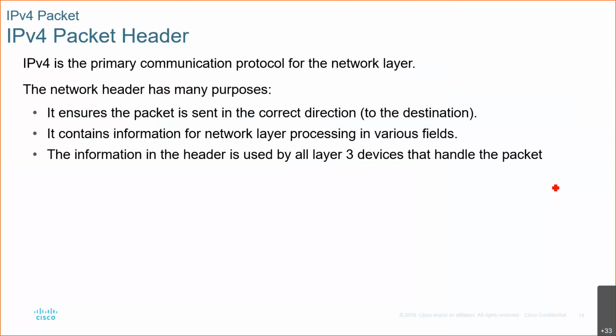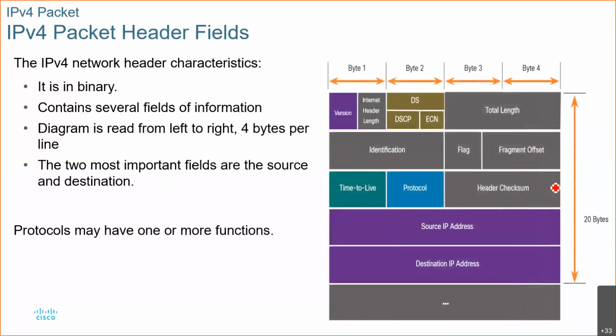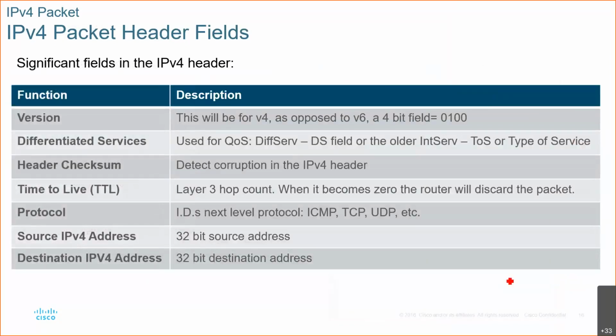Every intermediary device, be it a switch or a router, will look at the header and know where this packet has come from and where it is going. So this is what it looks like. It has several fields of information. The two most important fields are the source and destination IP address. Let's look at some of the functions of these fields in detail.